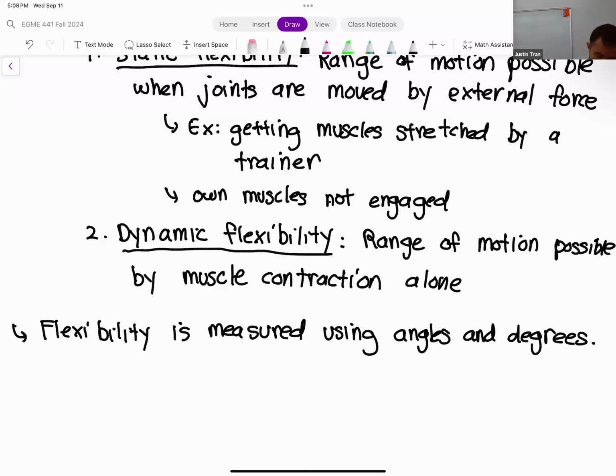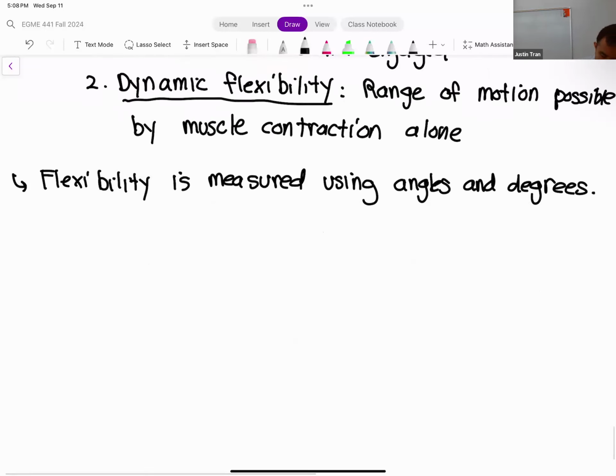Okay. And so the angle that I'm referring to here is the angle between basically two articulating bones.